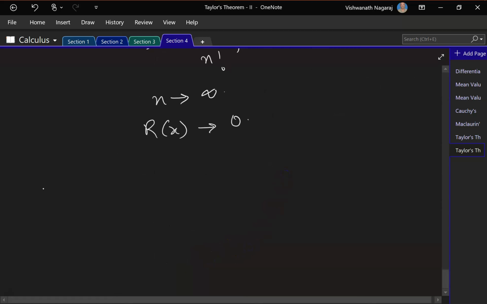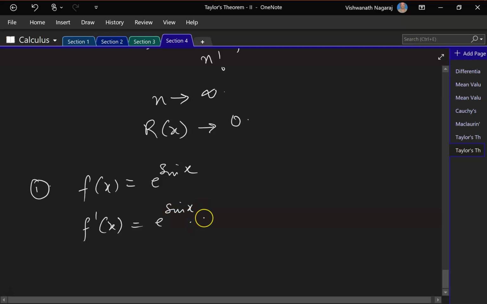Let's solve a problem. Let's say f of x is equal to e to the power of sin x. f prime of x would be what? e to the power of sin x and then the sin x differentiation, that is cos x. f double prime of x is equal to e to the power of sin x cos x times cos x as it is.